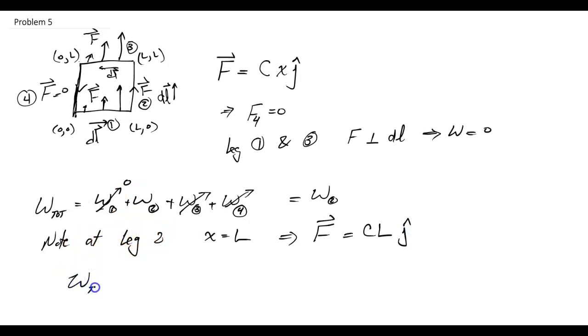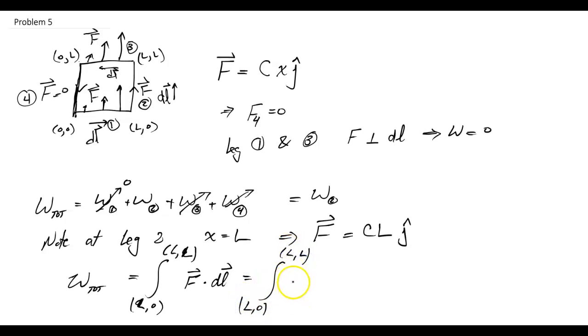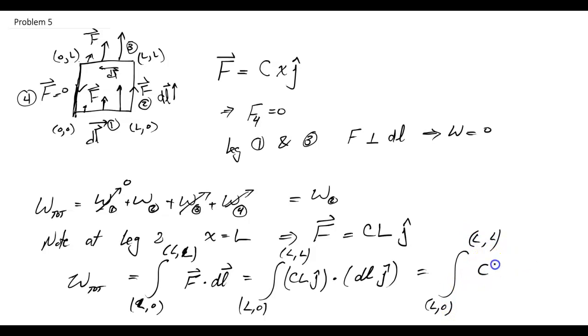So the total work is going to equal the integral from (L, 0) to (L, L) of F dotted with dL, which is going to be the integral from (L, 0) to (L, L) of CL j hat dotted with dL j hat, or the integral from (L, 0) to (L, L) of CL dy.